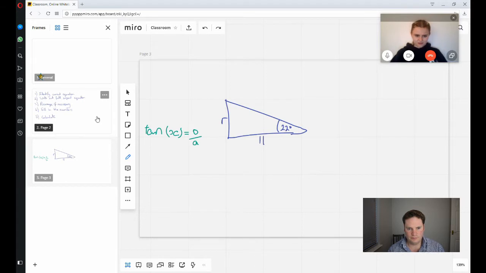So we're trying to get R, which is the opposite.